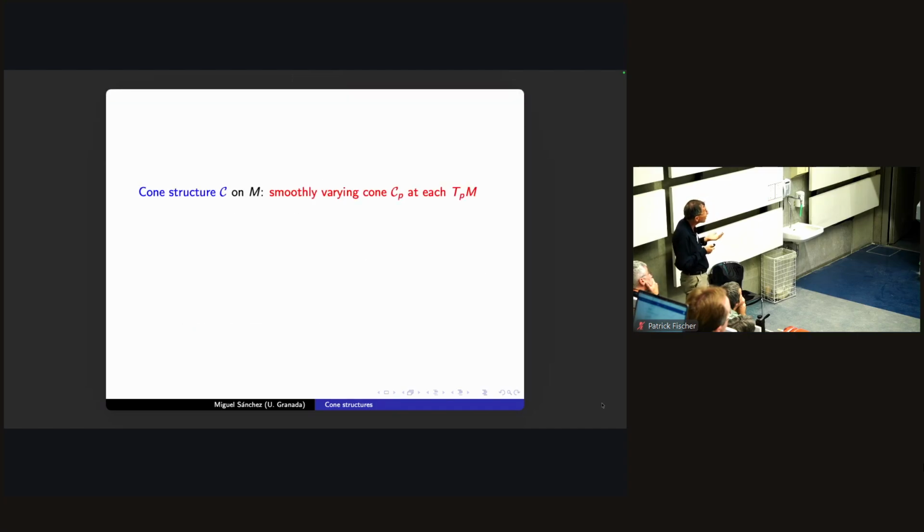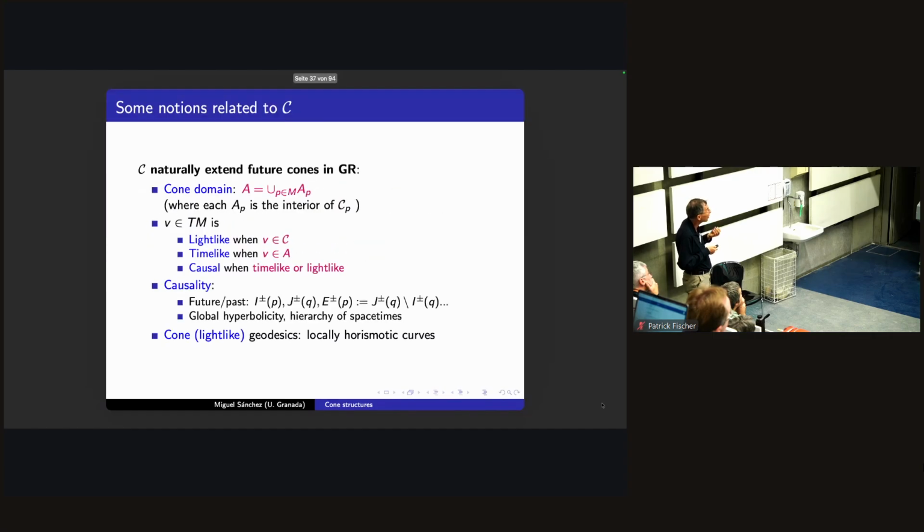Now, a cone structure on a manifold is just to put a cone varying smoothly with the point. And this extends naturally the future cones in general relativity. That is, we have an interior of the cone which is convex, and the time-like vectors live there. We have the vectors on the cone, and the causal ones, which are time-like or light-like.